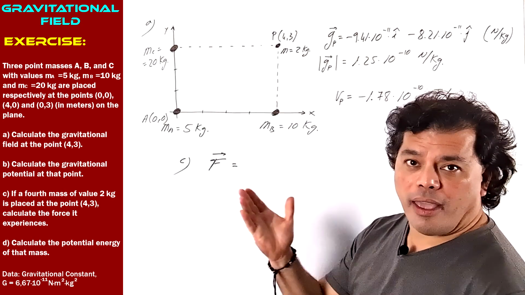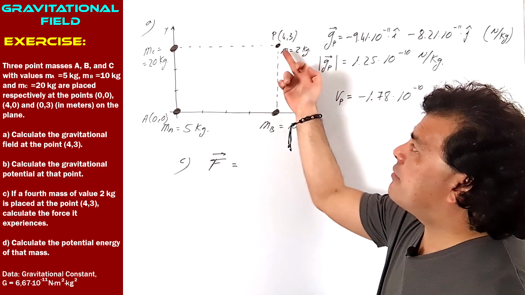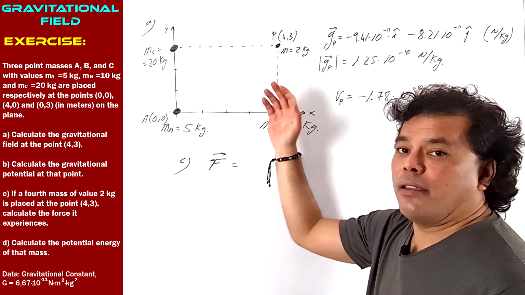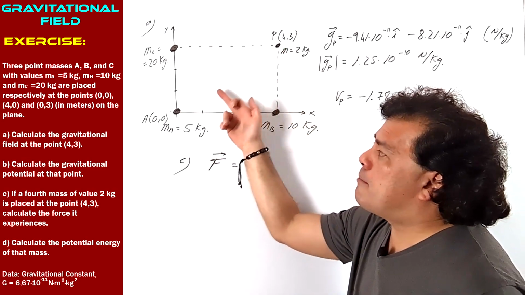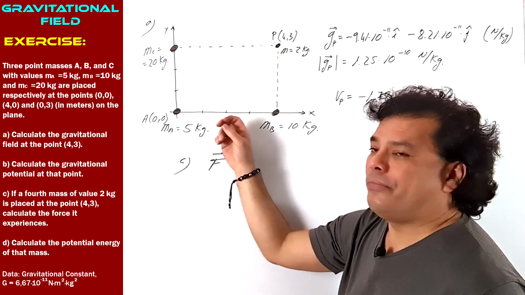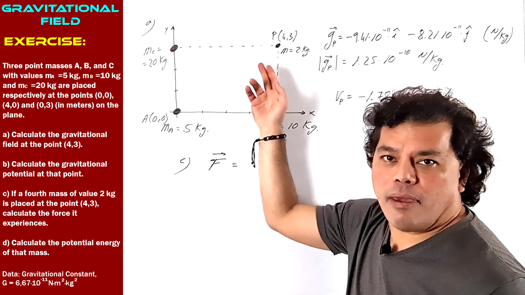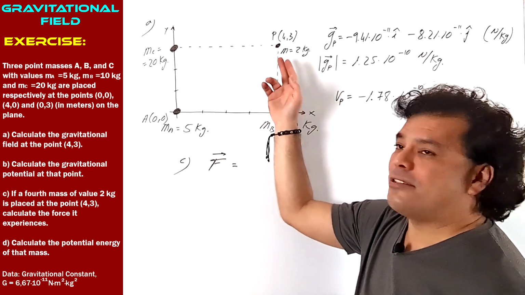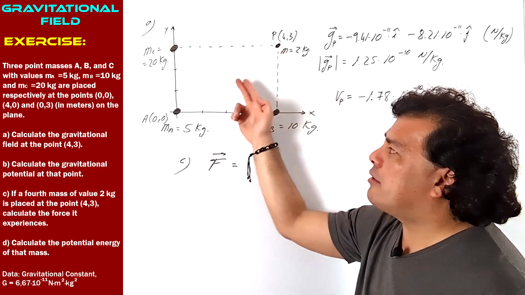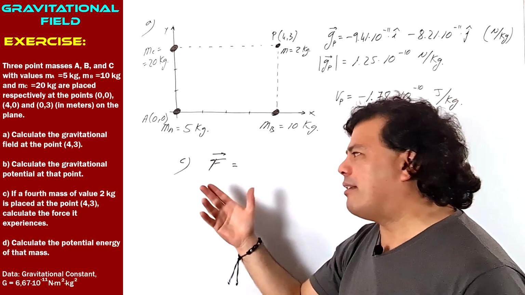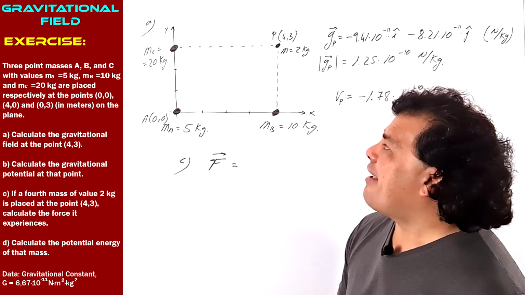And in order to calculate the force that our mass experiences, we could proceed as we did at section A. That is, let's first of all apply the superposition principle. Let's calculate the vector PA, then the unit vector, then use Newton's law of gravitation to calculate the magnitude of the force, and finally the vector force.